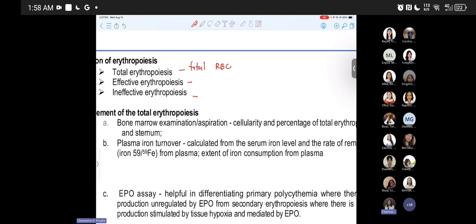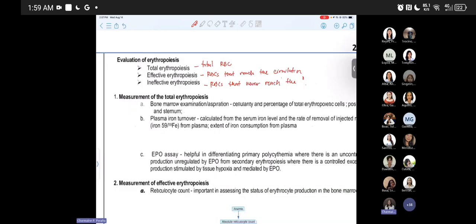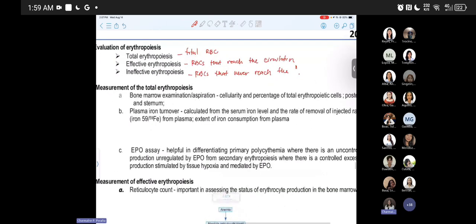Kapag sinabing effective, these are the quantification of RBCs that reach the circulation. Then we have ineffective erythropoiesis. These are the RBCs that never reach the circulation.